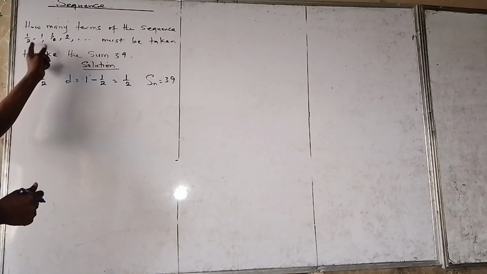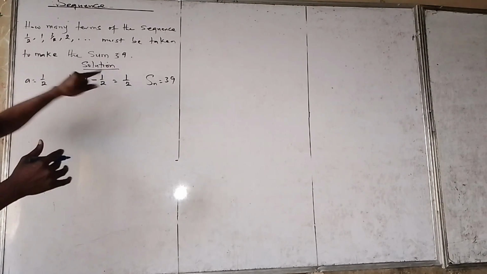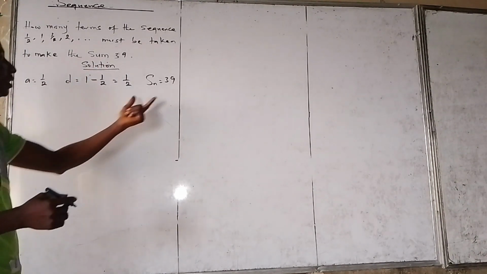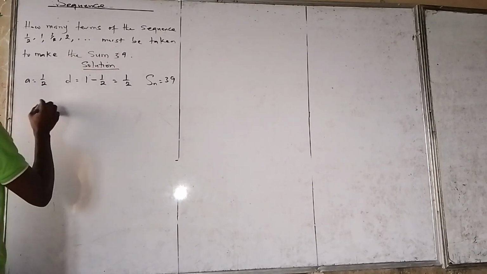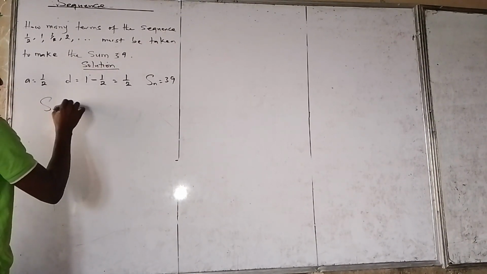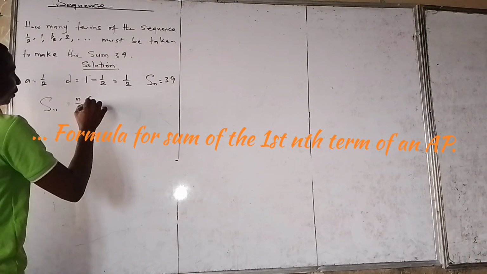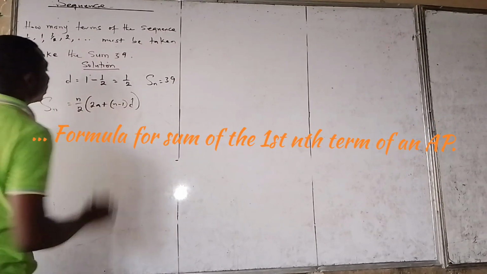So we want to know the number of the terms that will be added together to have this. Let us write the formula for finding the sum of the first n terms of an arithmetic progression. That's Sn equals n over 2 open bracket 2a plus n minus 1 times d.